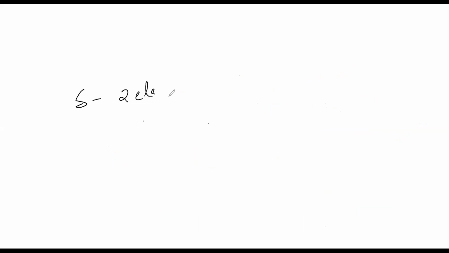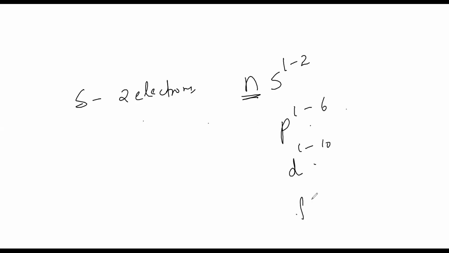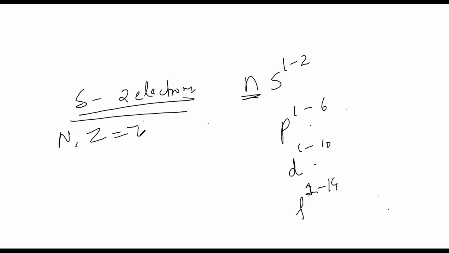Ns, n is the 1s, 2s, 3s, n is the principal quantum number. It can hold up to 2 electrons. P, how much can it hold? Up to 6. D, up to 10, and F, up to 14. Clear? So suppose they're asking here for nitrogen, Z is equal to 7.